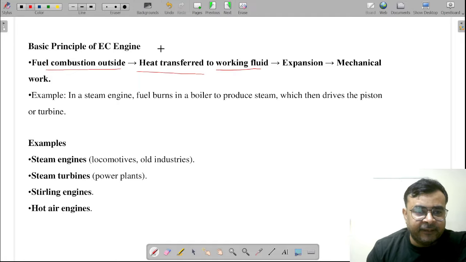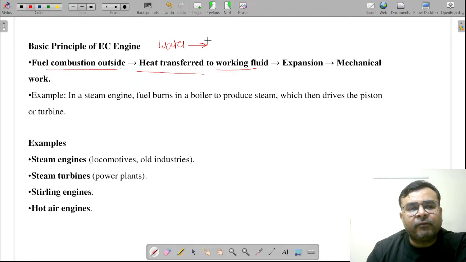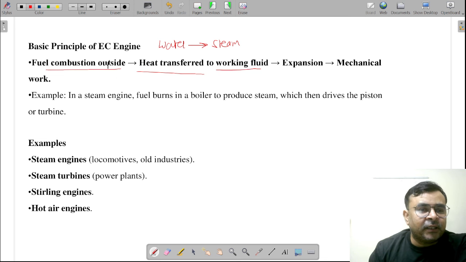So you can see here, water is converted into steam. Is it right? It means the heat produced by the combustion of the fuel cannot be directly utilized to run the vehicle. First, when you burn the fuel, it will produce heat, and this heat is further utilized to convert water into steam.